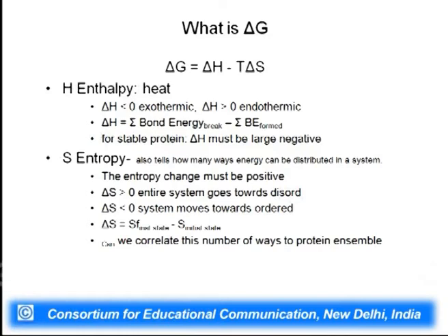So, if enthalpy is going to be exothermic, or it will release energy, then delta H is less than 0. If delta H is greater than 0, it is going to be endothermic, that is, it will require energy to be taken up. So, many times bond formation will take up energy and bond breakage will release energy.